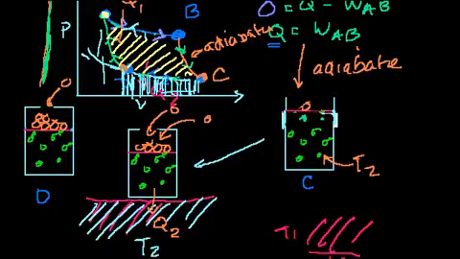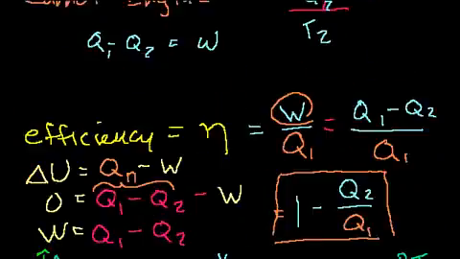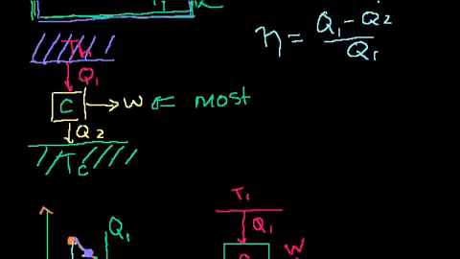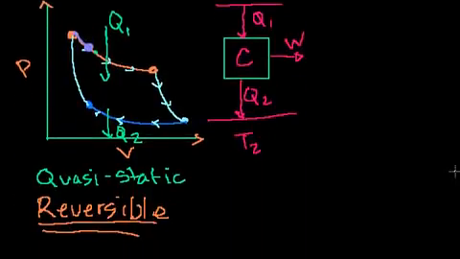So the assumption we have to make in order for the Carnot cycle to be reversible is that it's frictionless. So the Carnot heat engine, this theoretical engine, is a frictionless engine, which is theoretically impossible to be completely frictionless. But we'll talk more about that in the future. So if you have a completely frictionless engine and it's quasi-static, it's also reversible.